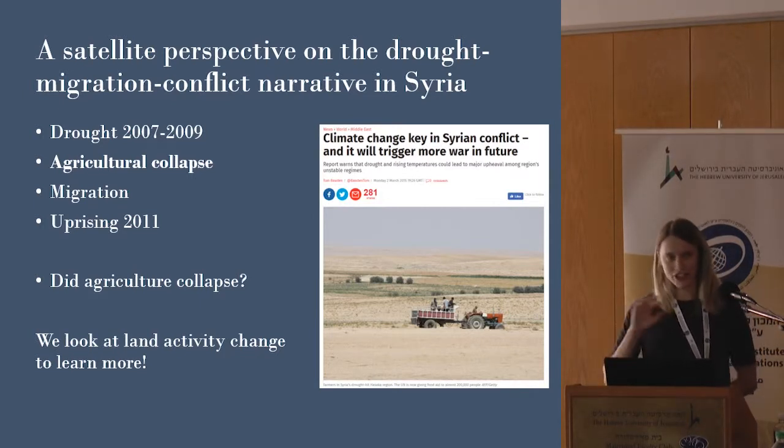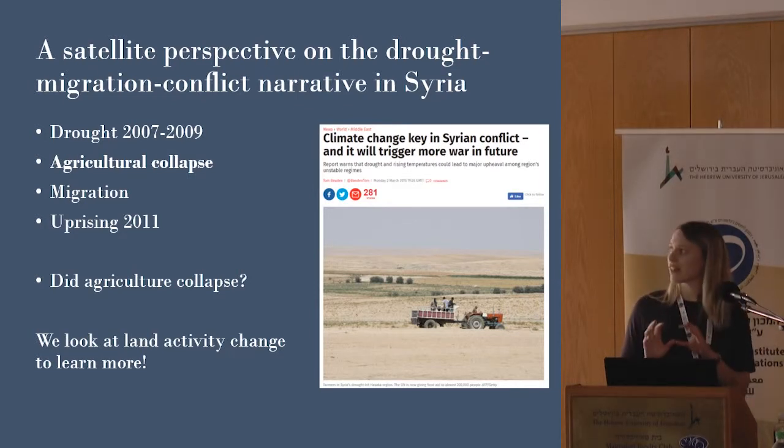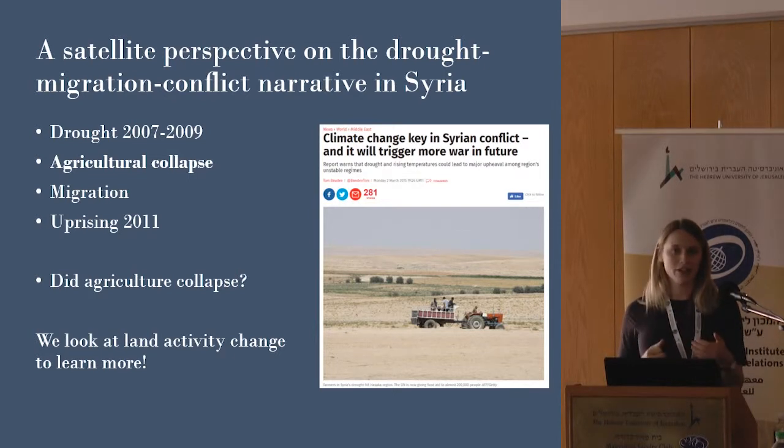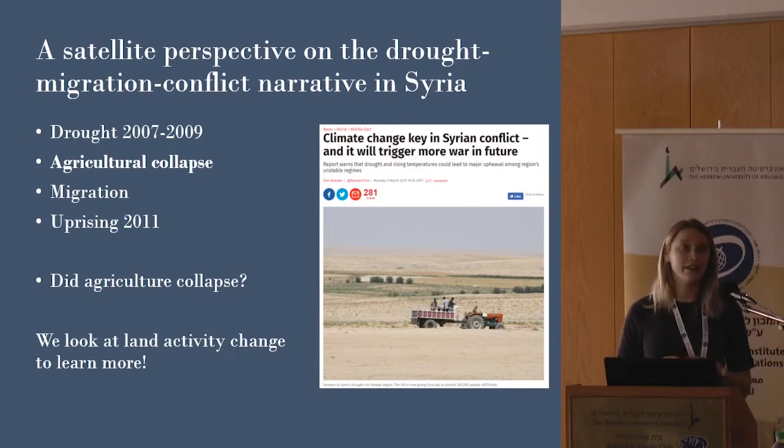The years change a bit depending on who you ask and how you define drought, but around that time there was a drought. This drought led to an agricultural collapse, according to many sources. And this agricultural collapse in turn led to migration of people from rural areas to cities, which was part of a reason for the uprising that started in 2011.